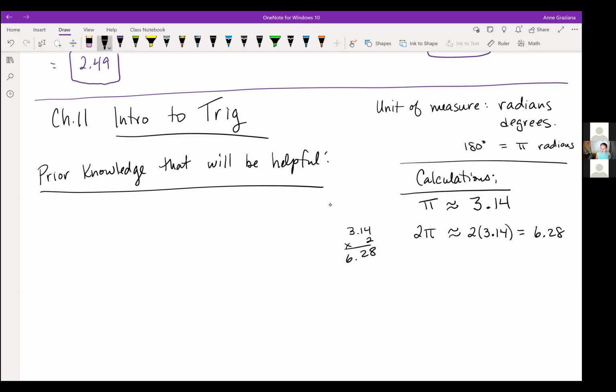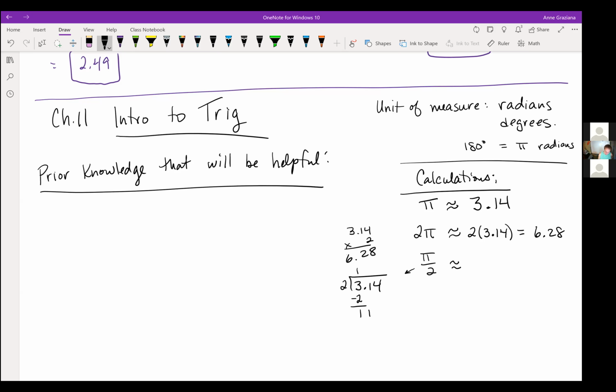And then we have, so you can multiply by 2 and you can divide by 2. So I want to be able to do 2 into 3.14. So that just goes in one time.